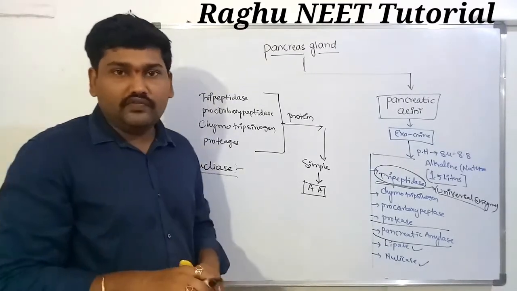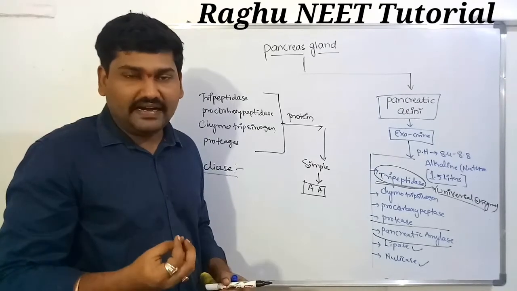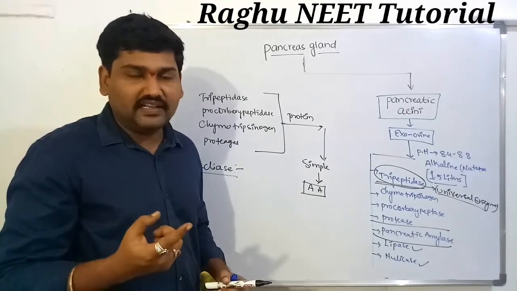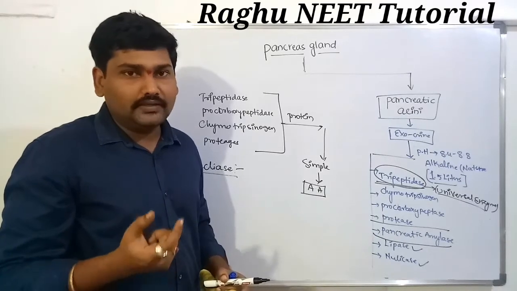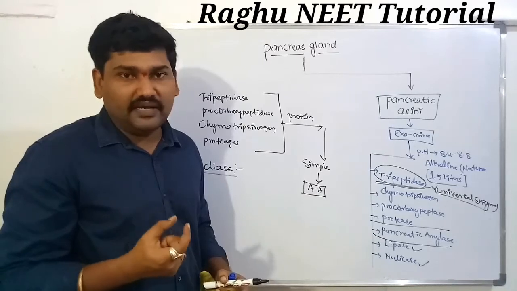Next one, nucleic acid. If you take food containing huge amounts of fibers, vitamins, minerals, protein, animal protein and plant protein. The animal protein consists of base pairs: adenine, guanine, thymine, cytosine.